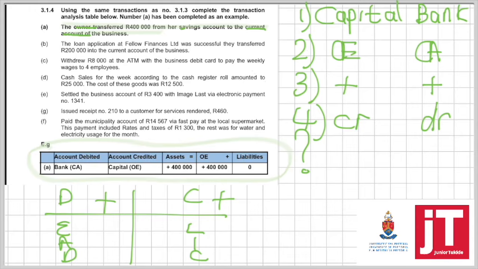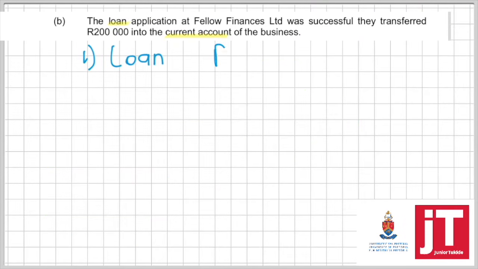So now we're going to look at transaction number B, where they say, okay, we have the loan application at Fellow Finances and was successful, and they transferred the 200,000 into the current bank account of the business. So the two accounts is loan, because we borrowed money, and where did we put this money? In the bank.